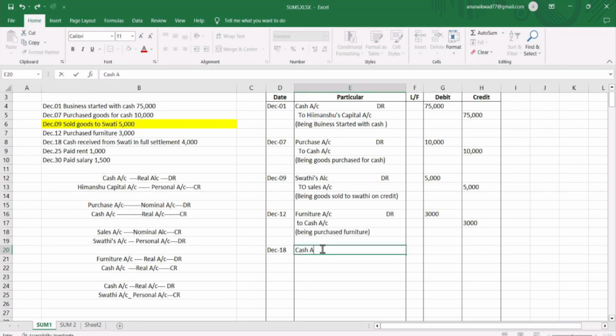Cash account, debit to Swati's account, 4,000. Instead of paying 5,000, she paid us only 4,000.